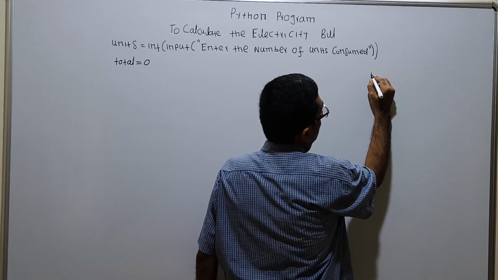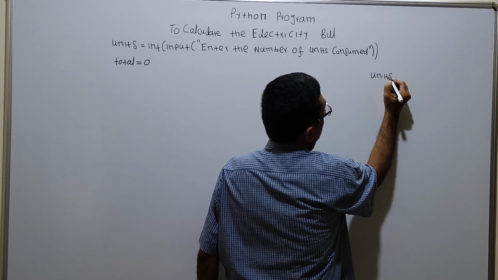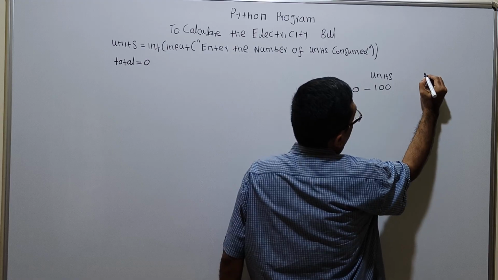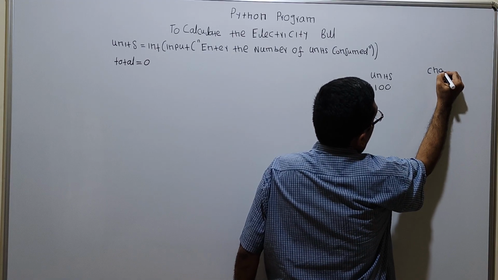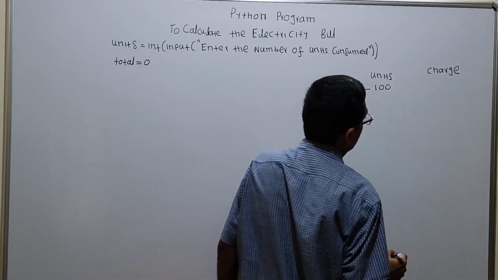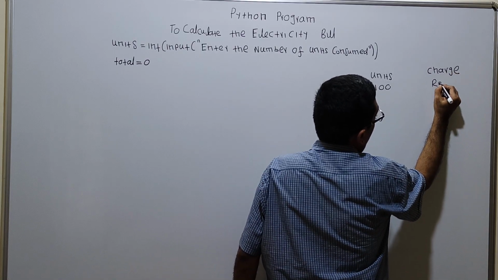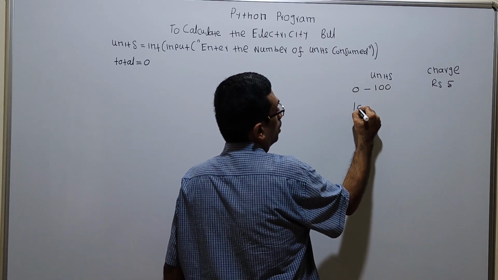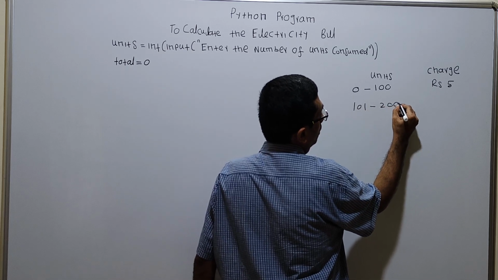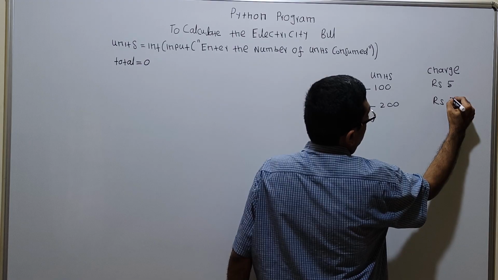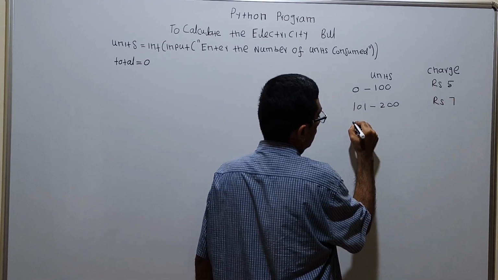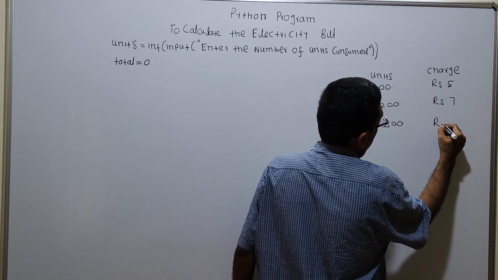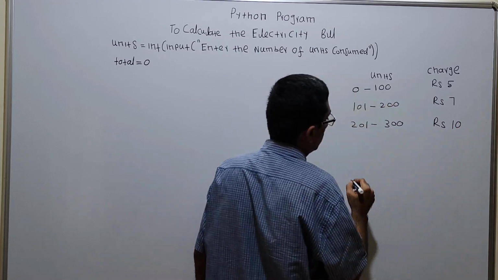For units up to 100, that means 0 to 100, charge rupees 5. 101 to 200, rupees 7. 201 to 300, rupees 10.